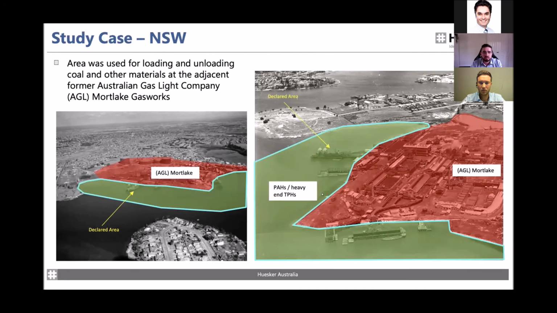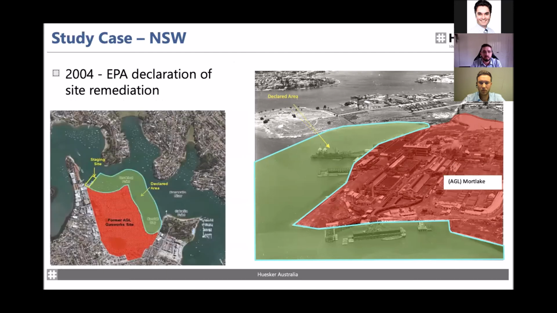So obviously this caused a lot of impact for the environment, including the contaminants with PAHs and heavy-end TPHs. This was found in 2004 and declared by the EPA that requested the remediation works to start.